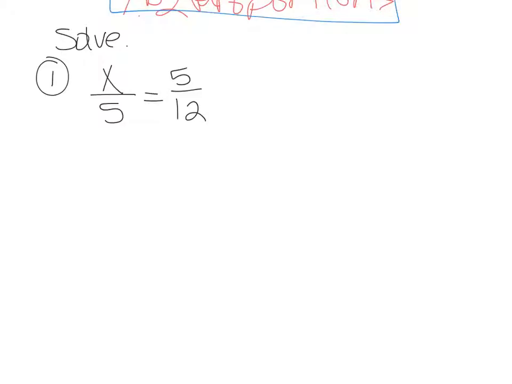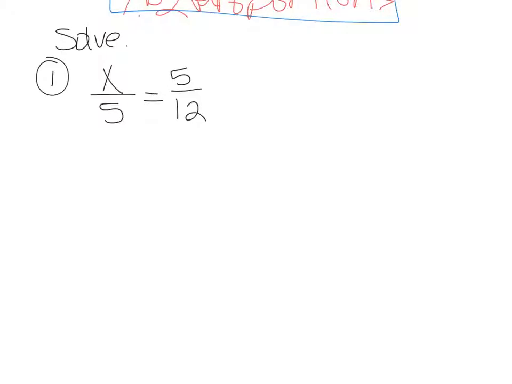Okay, so our directions are just going to say to solve. First one, I have x over 5 equals 5 over 12. First thing that I check for, because later on in this chapter we're going to be given equations that are not proportions.